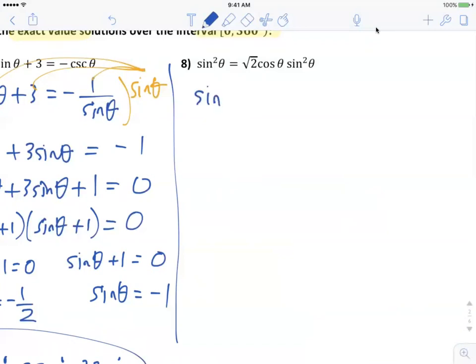So this is going to be sine squared minus √2 cosine theta sine squared theta. There, so get everything to one side. Now you can factor out that common factor of sine squared.